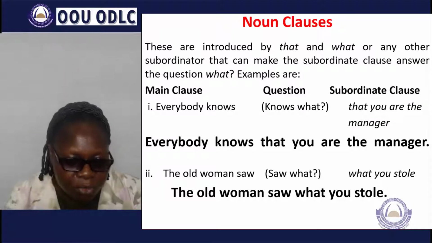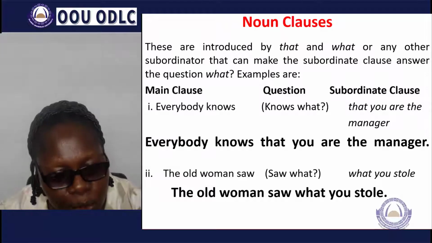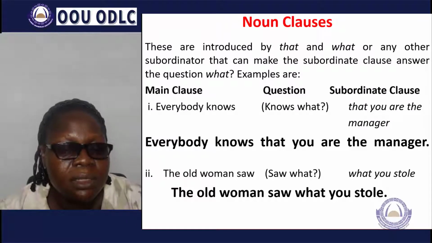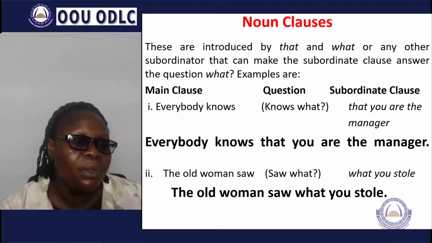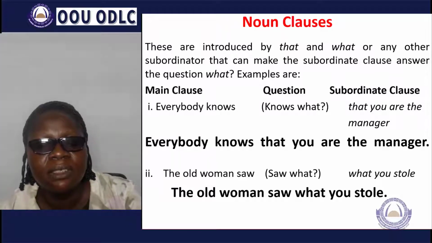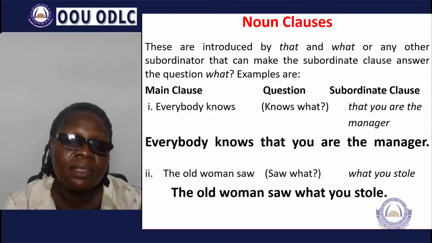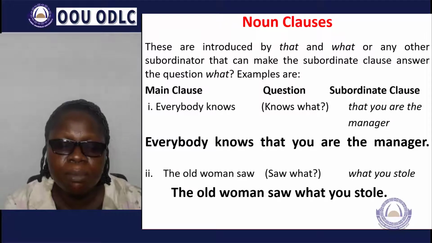If I say that to you, only that you are the manager, it doesn't make sense. But everybody knows that you are the manager makes sense. So everybody knows is a main clause added to the subordinate clause that you are the manager. So a very good example of a noun clause is that expression, that you are the manager.